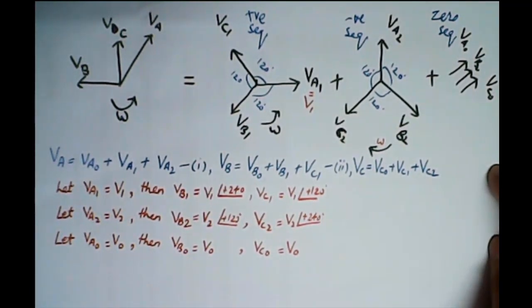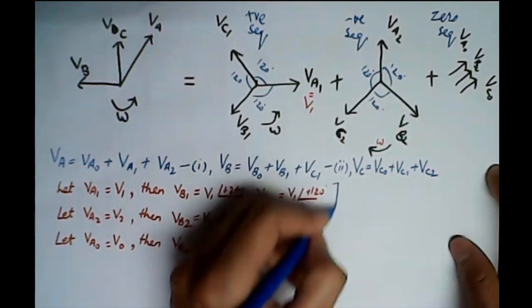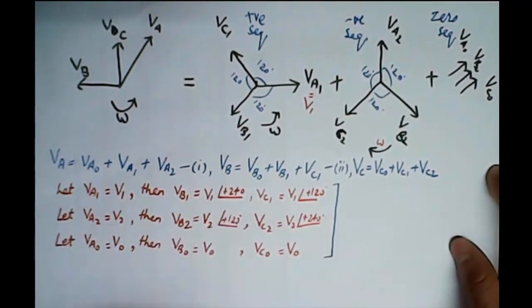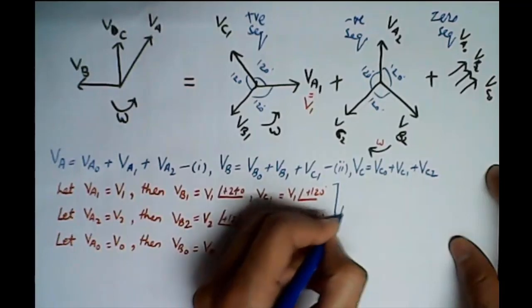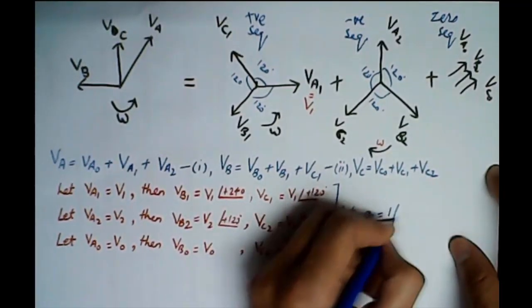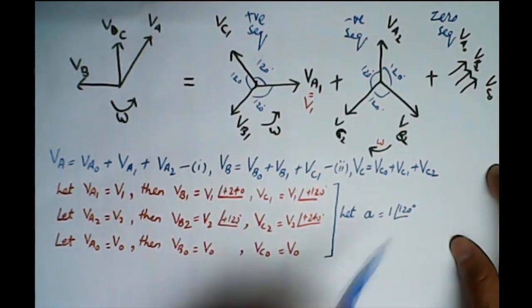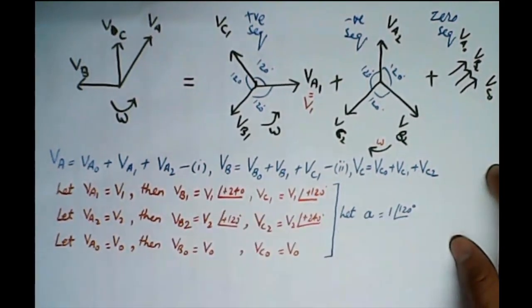Now this 120, 240 is creating a bit of complexity, so again let a equal 1 angle 120. We are assuming a vector a, which is a unit vector, magnitude 1, having a displacement of 120 degrees.